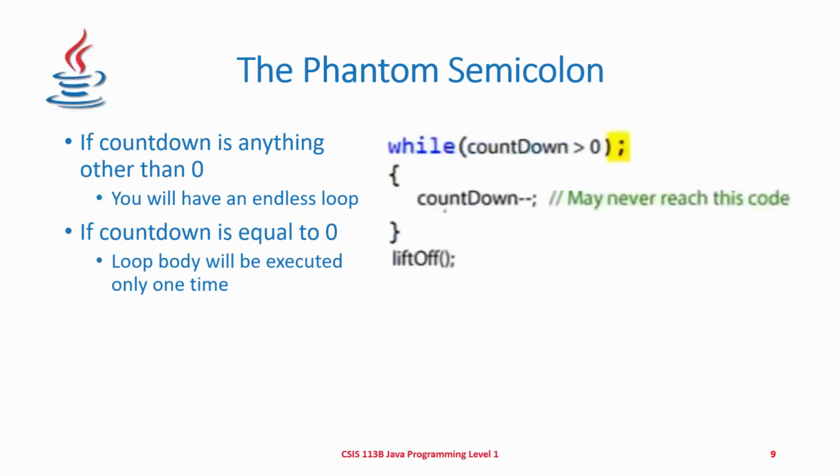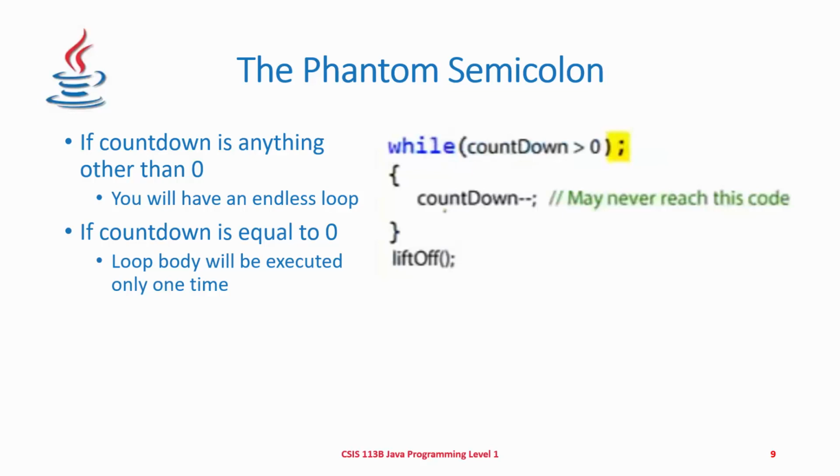Now here's an interesting example called the Phantom Semicolon. In a while loop, there shouldn't be a semicolon; it's not a statement. It's really like an if. You've got a header with a block of statements that follow. So you don't want to have a semicolon after the Boolean test expression.